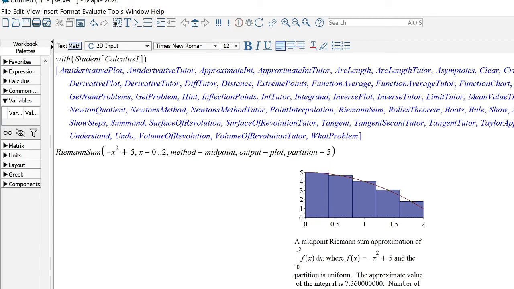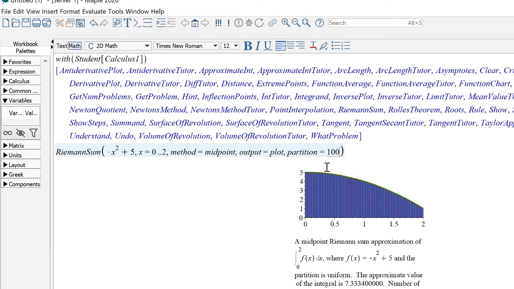So let me take this back to 5, and now let me go to this one with 100. With 100 midpoint partitions, we get 7.33. So I'm pretty sure the area is between 7.29 and 7.33 as far as our approximation goes. I am going to show you how to do these approximations by hand in the next part.